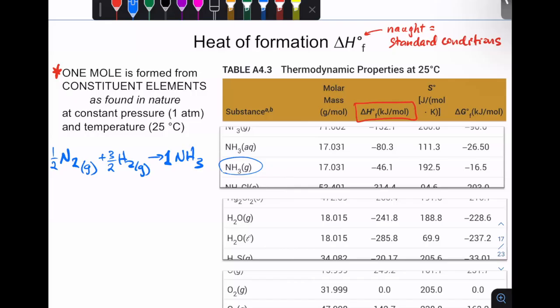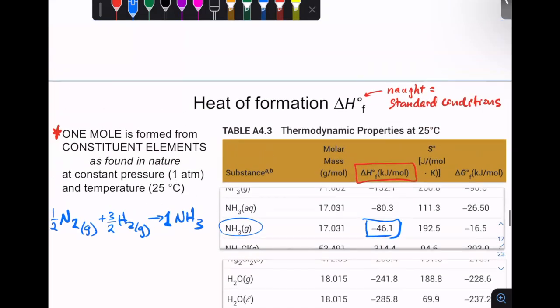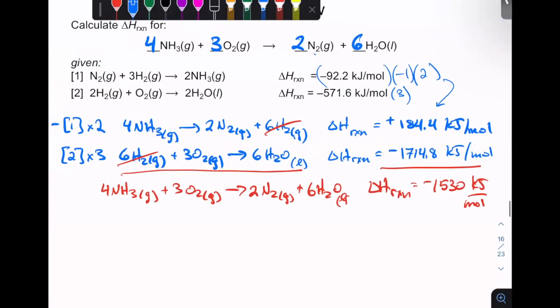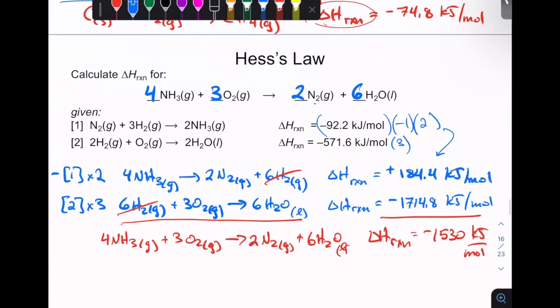Now, the reason I have those other things circled, take a look. If we define the delta H of formation for 1 mole of NH3, that has an enthalpy value of negative 46.1 kilojoules per mole. But notice up above, in reaction 1, look at that value, negative 92.2.